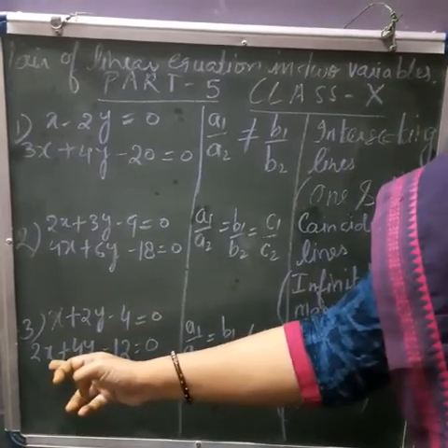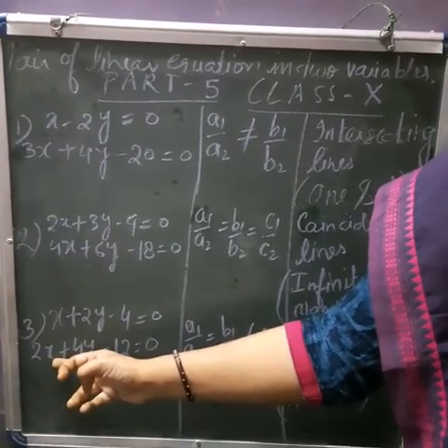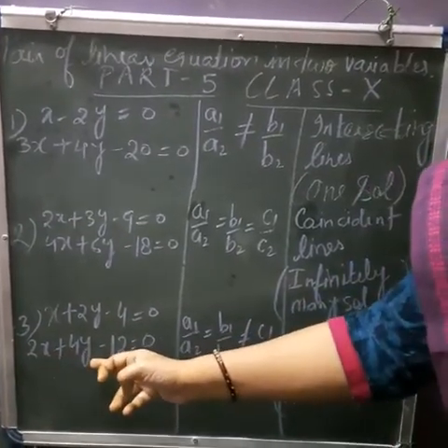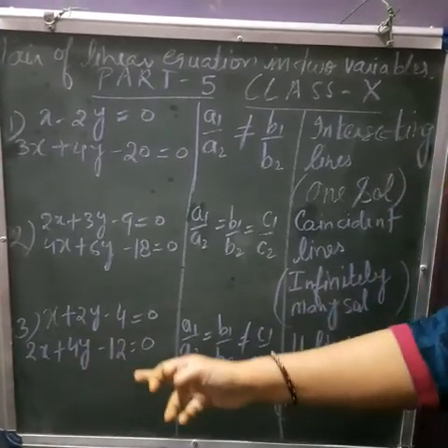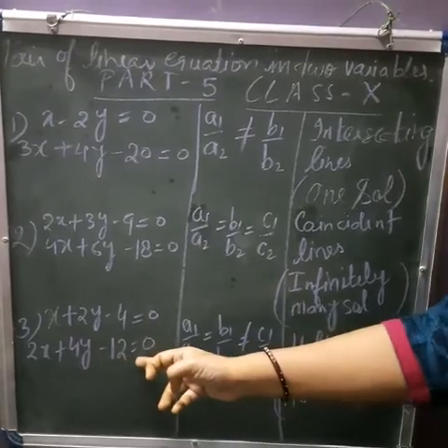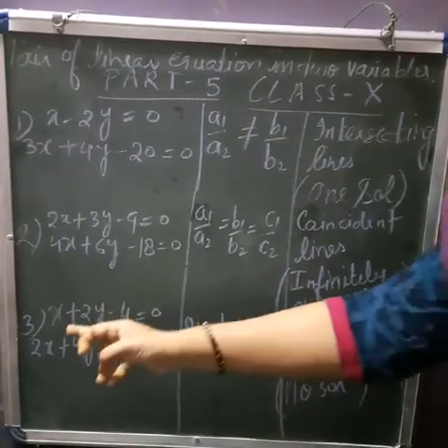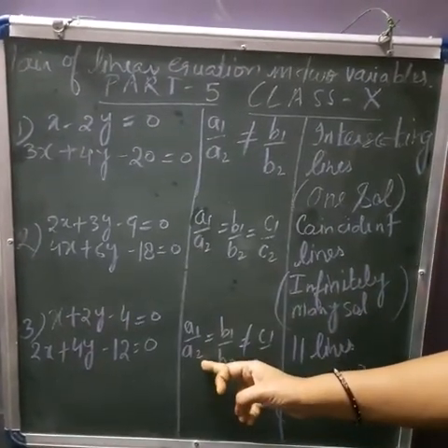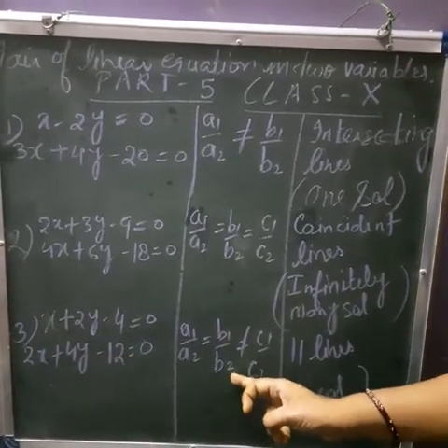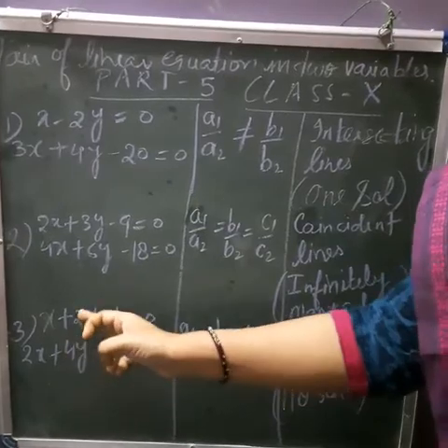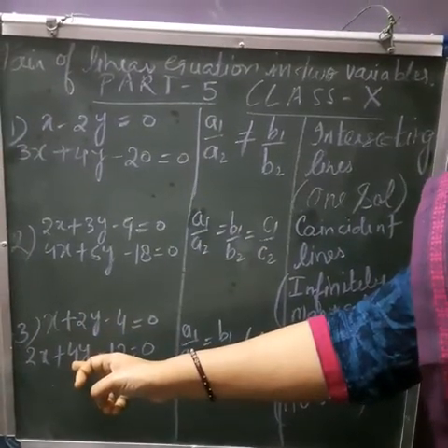From equation number 2, a2 is 2, b2 is 4, and c2 is minus 12. Now you will find the ratio a1 upon a2, that is 1 upon 2, and the ratio b1 upon b2, that is 2 upon 4, which cancels by 2 to 1 upon 2.